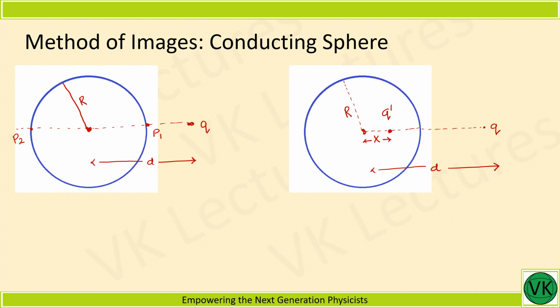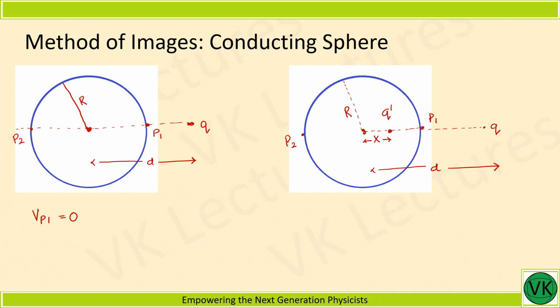So we have considered 2 points, p1 and p2, where the potential is 0. Let's write down the potential at point p1 equal to 0.